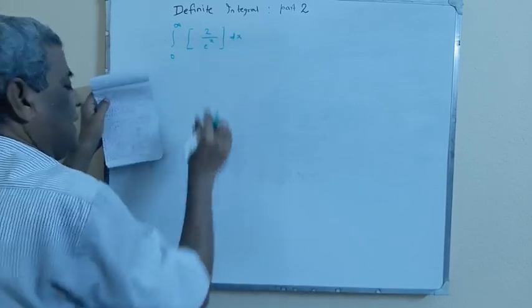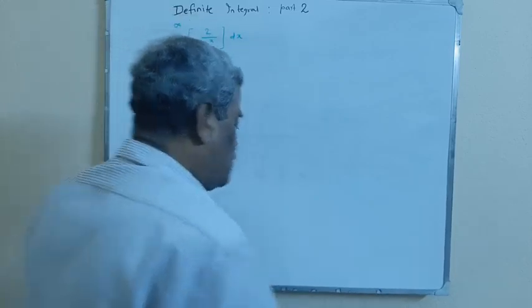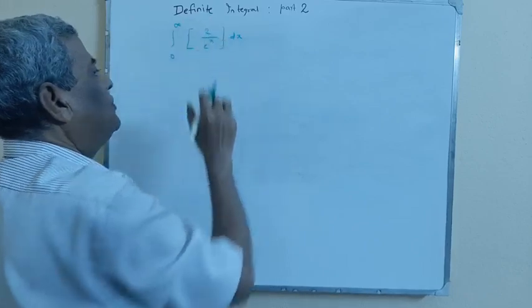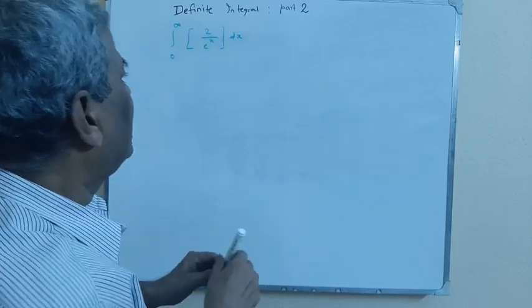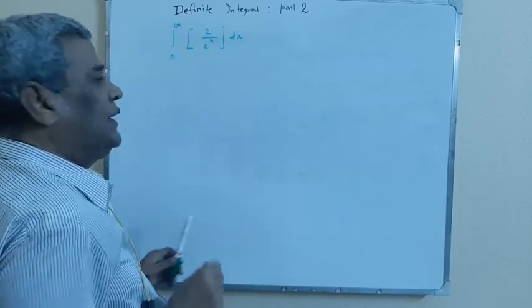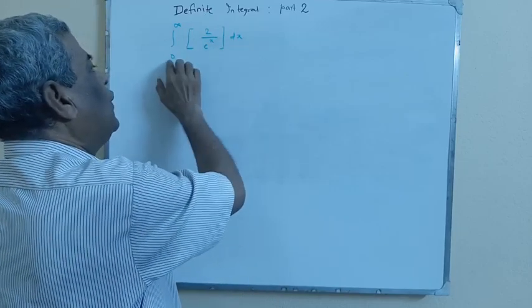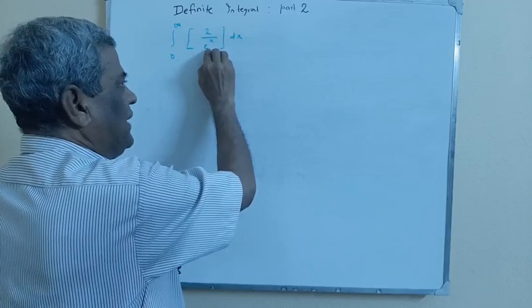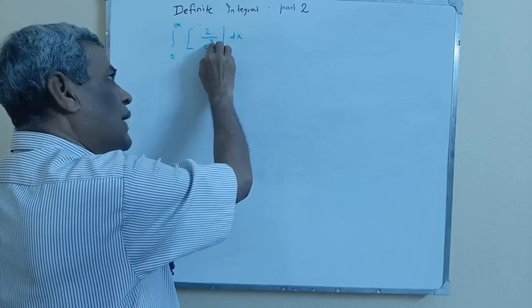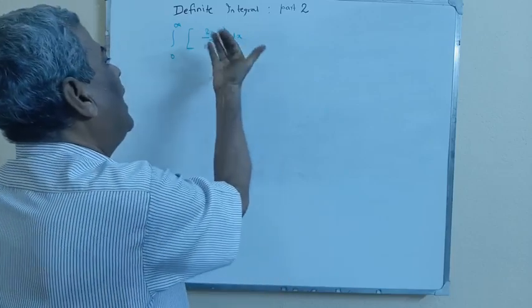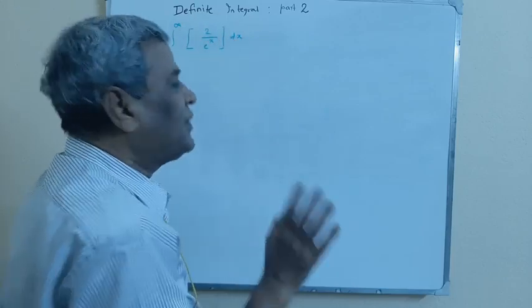This is not simple third bracket, this is the box function, that is, we have to take the integral part of that. When x is equal to the lower limit 0, it is e to the power 0, that is 1. So 2 by 1 is 2. So [2] is 2.